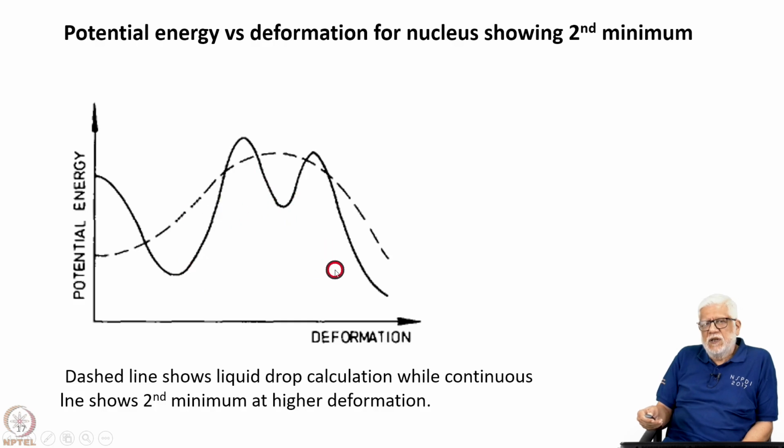And then, of course, the average behavior is the same, that ultimately it goes over to two nuclei separating out, and for heavy nuclei, this corresponds to fission. But the point is that if you do a better calculation, you can have a so-called second well minimum at a larger deformation. And as we might see in some subsequent lecture, this has actually been observed.